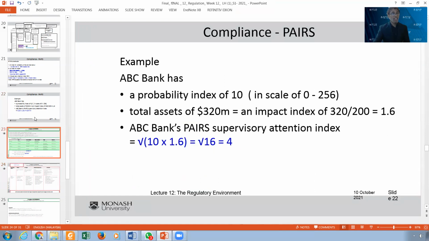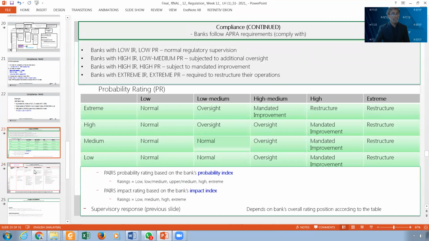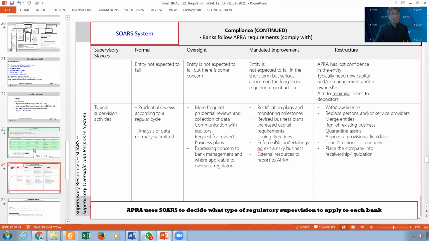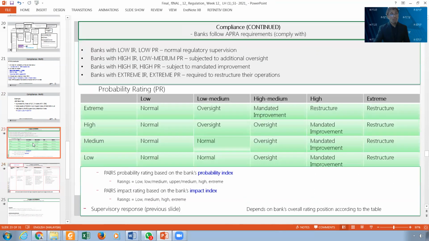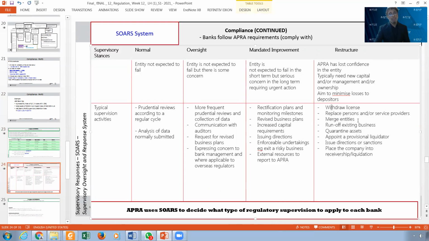So this is actually the process between the source and the pairs system, and this is a very excellent system for the compliance, because it is compliance and it is also enforcement. So this is the action of enforcement.